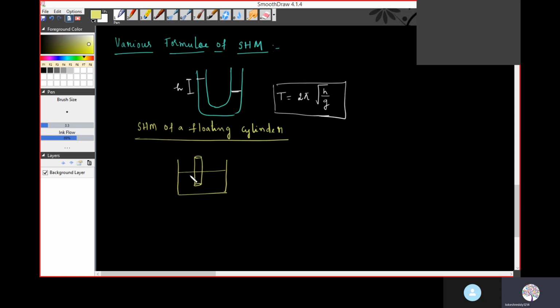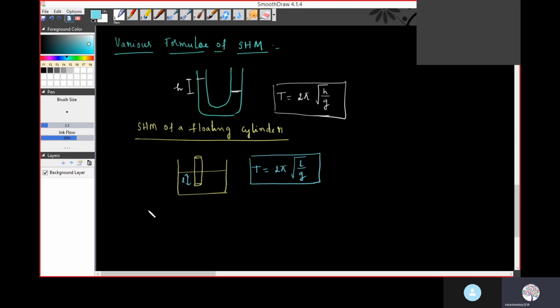Let us take this length inside to be L, and it is oscillating like this. Then the time period T is equal to 2 pi root L by g. This is SHM of a floating cylinder.